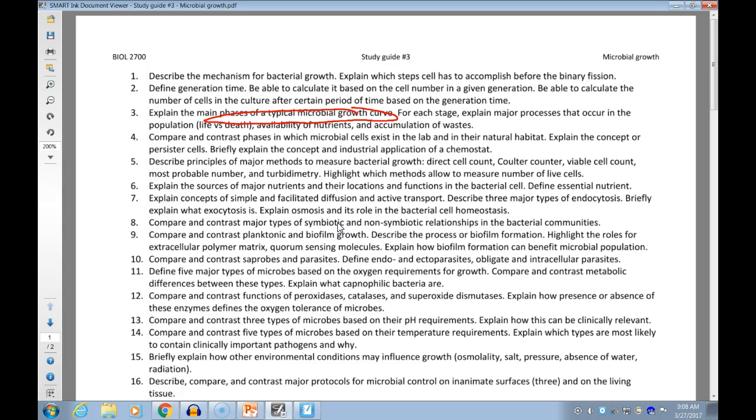Understand the availability of nutrients at logarithmic. More nutrients are available. In stationary, wastes start to accumulate. Yes? No, wastes accumulate all the time.